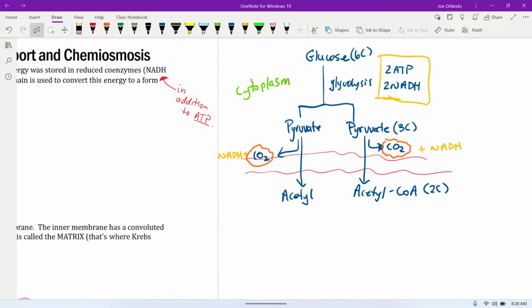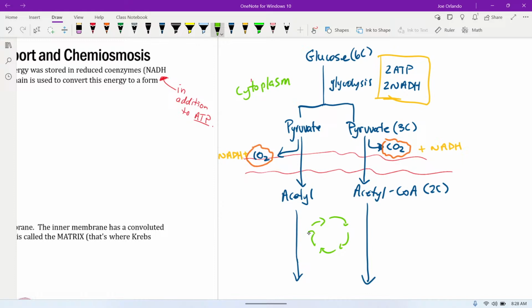Then that acetyl-CoA enters into a cycle, which we call the citric acid cycle, or Krebs cycle, right? It goes through this cyclical process. Once the acetyl-CoA binds on, what's the start point and what's the end point? You do not need to know every molecule in here.